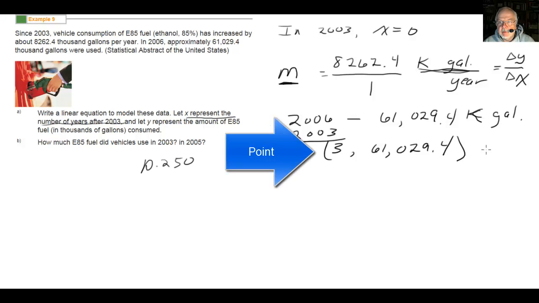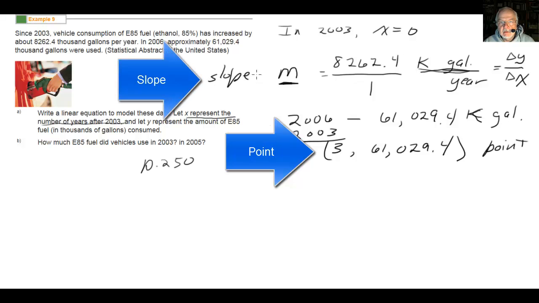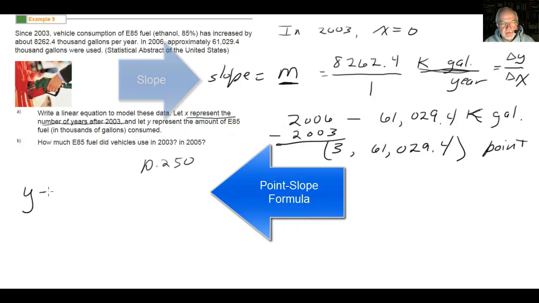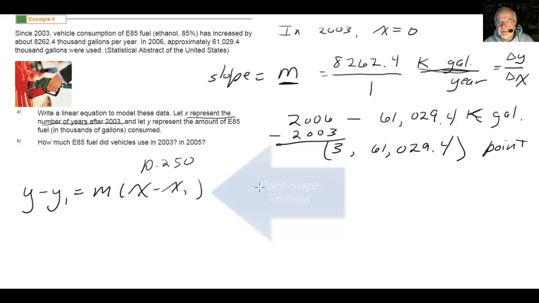So I have a point, and I have a slope. So that tells me right away I'm going to use the point slope formula. Y minus y1 equals m times x minus x1. That's the point slope formula. Alright, so first thing I need to do is start to plug into this thing. So this is going to be x1, this is going to be y1.